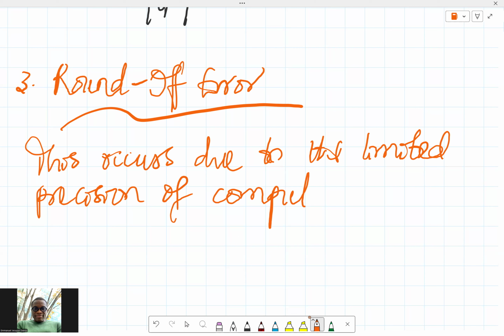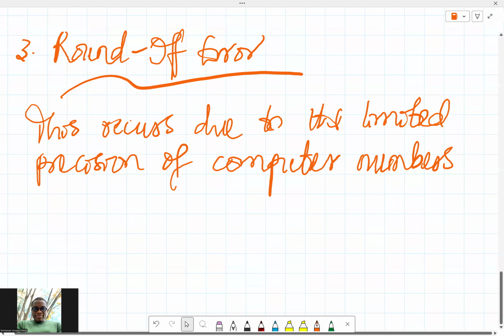For instance, different calculators have different capacities of decimal places they can have. Because of that, you can get different degrees of error depending on the machine you're using, maybe a calculator or a computer.